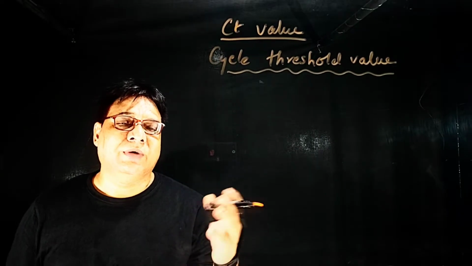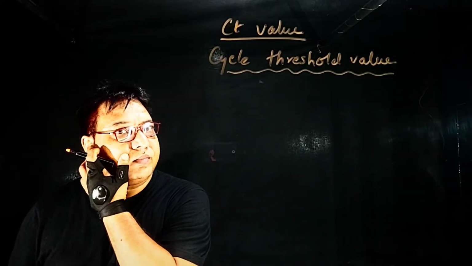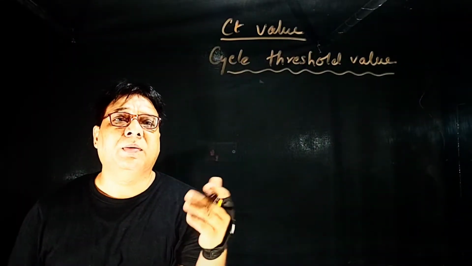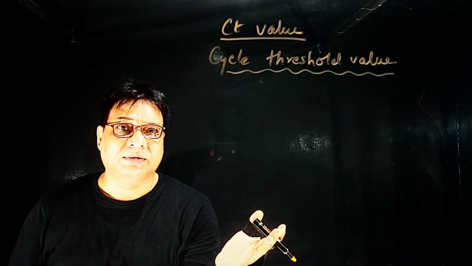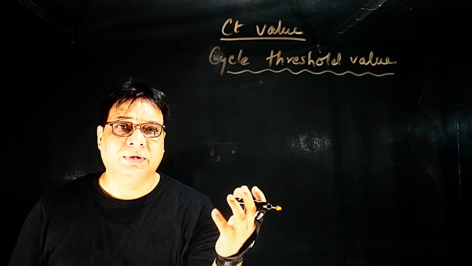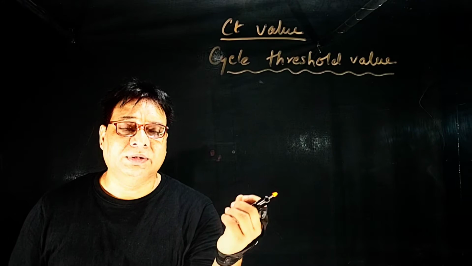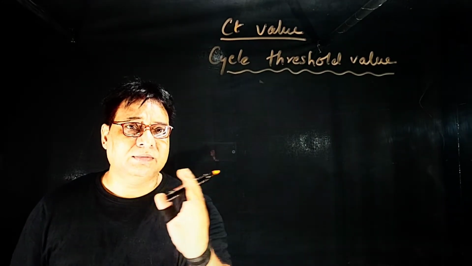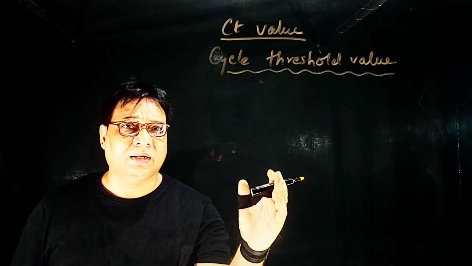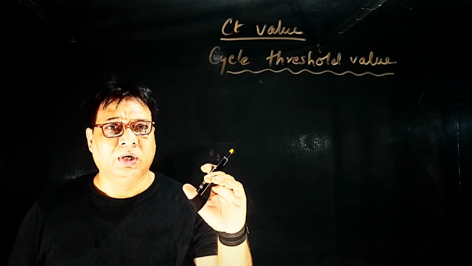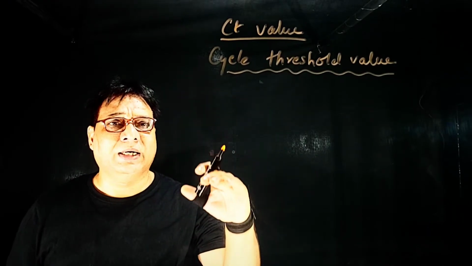So what does it actually say? The cycle threshold is basically the number of PCR cycles at which you get the first signal of fluorescence that is above the background level. Till a certain PCR cycle, the fluorescence signal is low, below the background level.